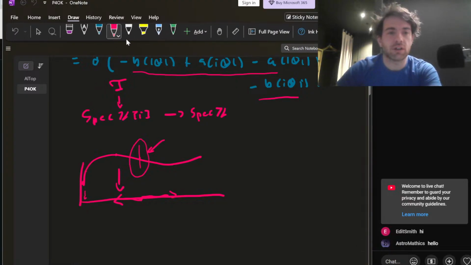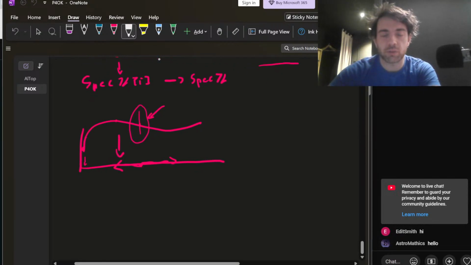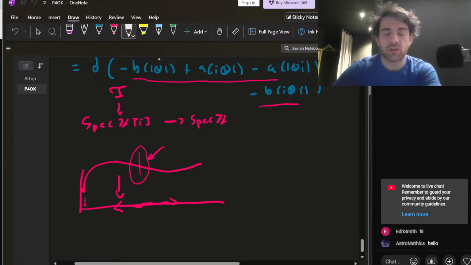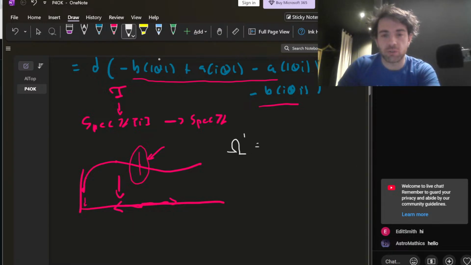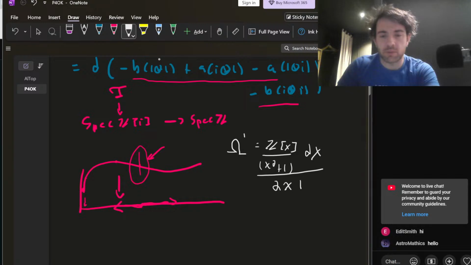I do think it is the case that another perspective on our ring of differentials, maybe this is exactly what people were saying yesterday, is that in this case the relative differentials should be the original ring times dx modulo f prime dx. So I believe that's what it should be.